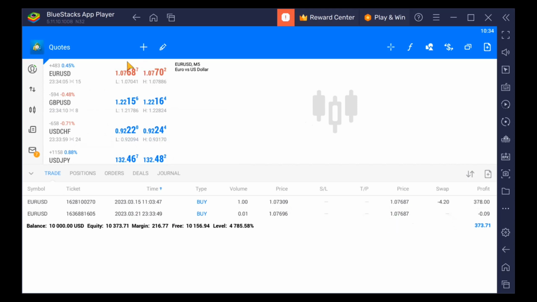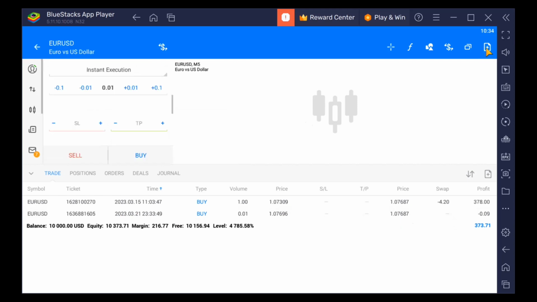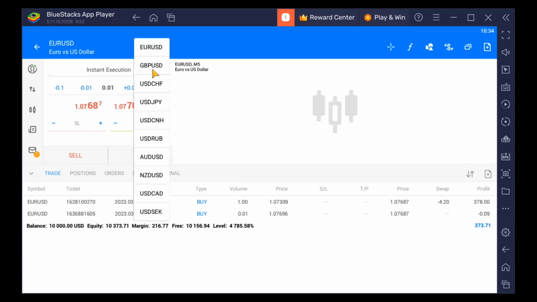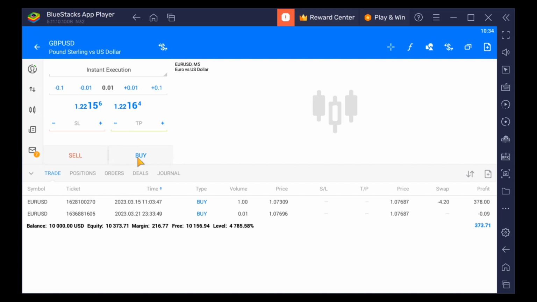So every time price moves, my profits will be moving. I can also open, let's say I open this. Let's use this button this time. It's going to bring it up. And tap on this to change to another pair. I choose GBPUSD now and buy. Or let me choose sell.